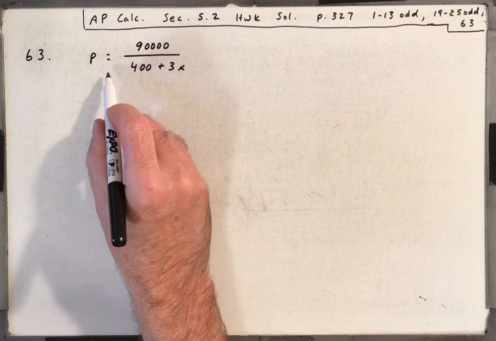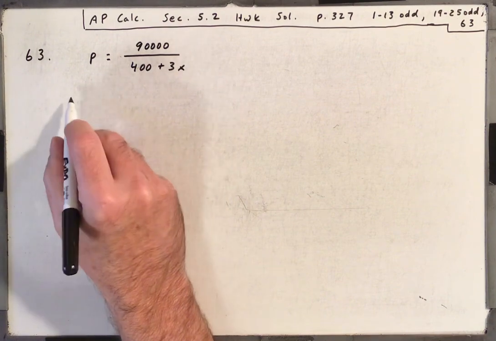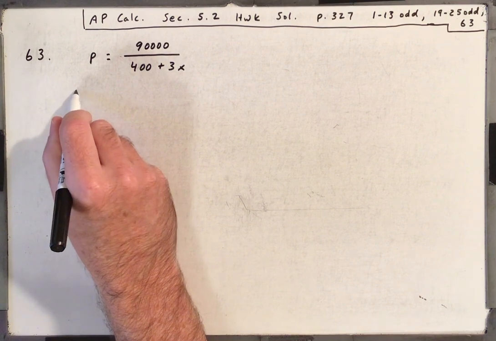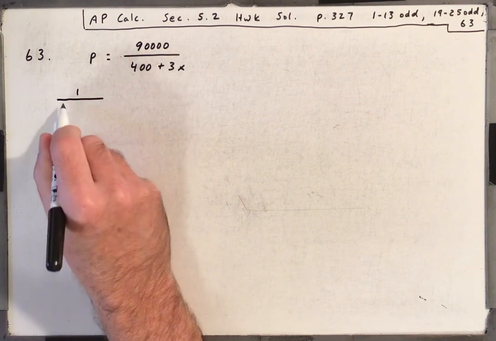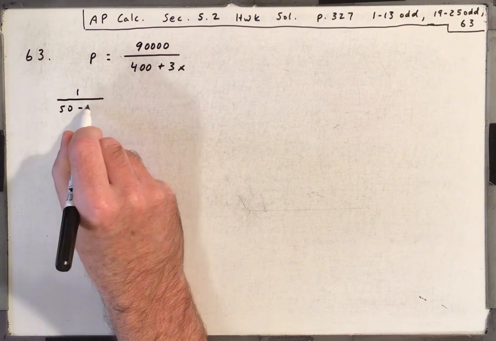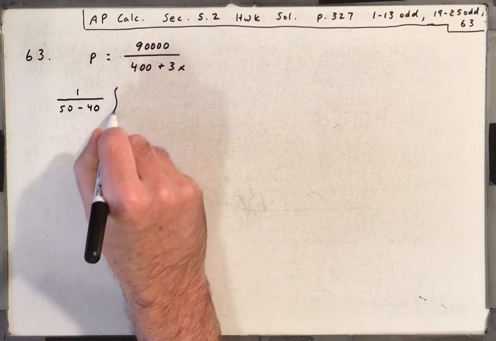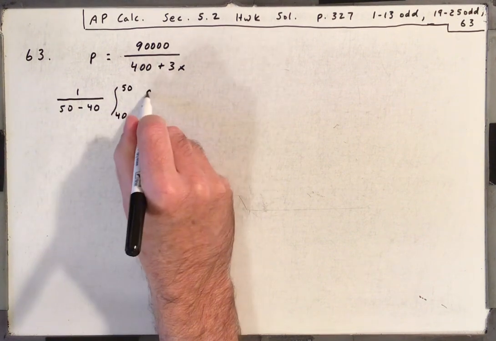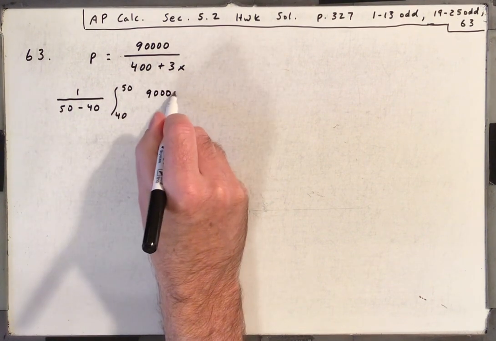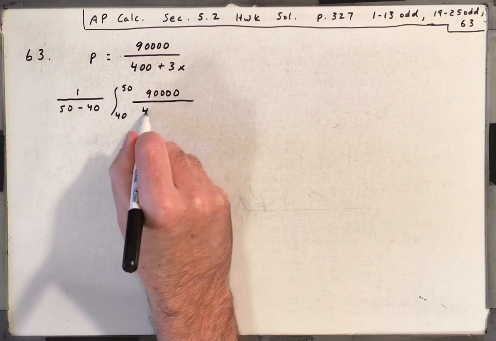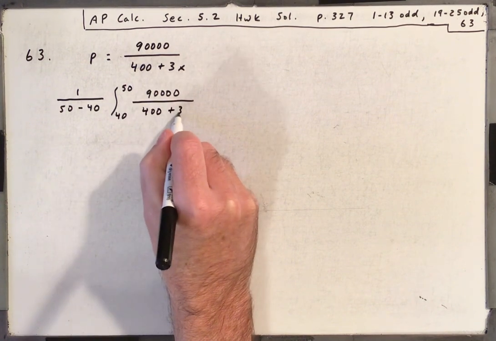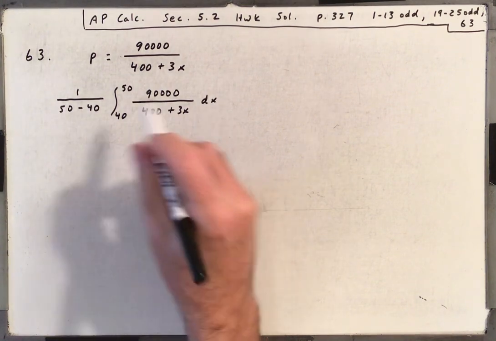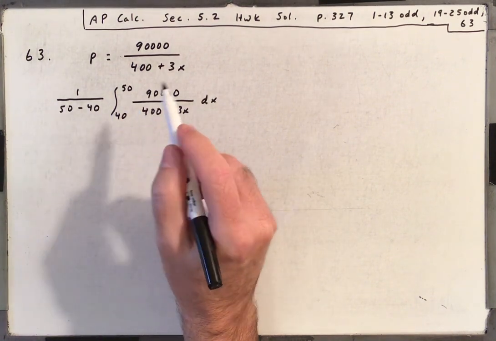Okay, so to find that average price, between 40 and 50, we're going to have to do 1 over 50 minus 40. We're going to integrate from 40 to 50 of this function, 90,000 over 400 plus 3x dx. So this is just 1/10, right?